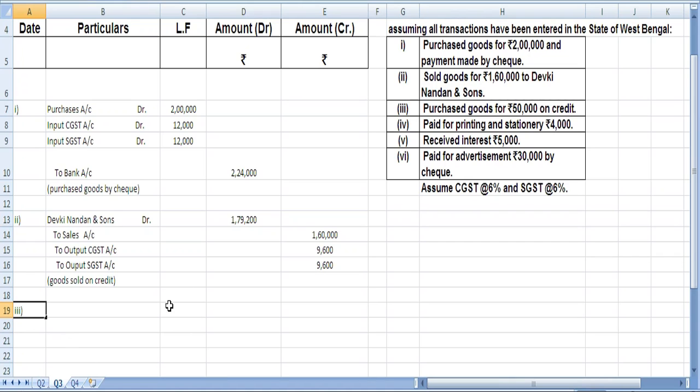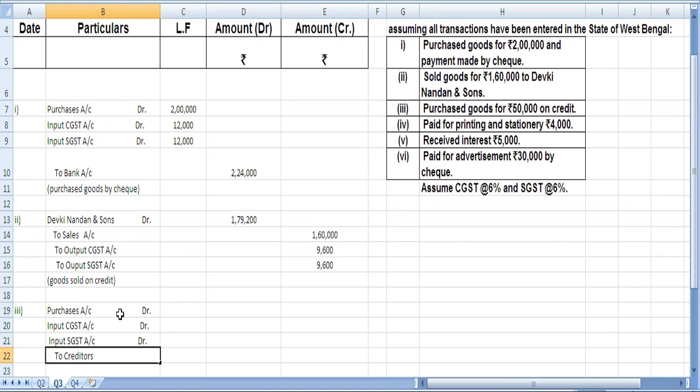So here we will write down number 3, purchases account debit, input CGST account debit, input SGST account debit, to creditors.